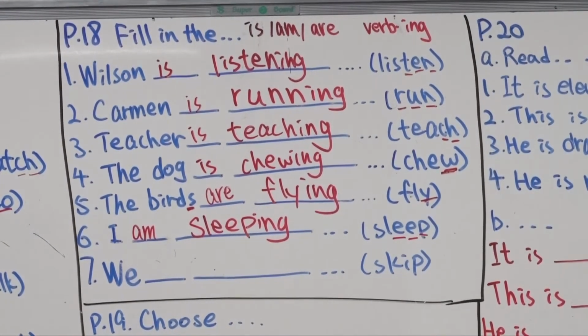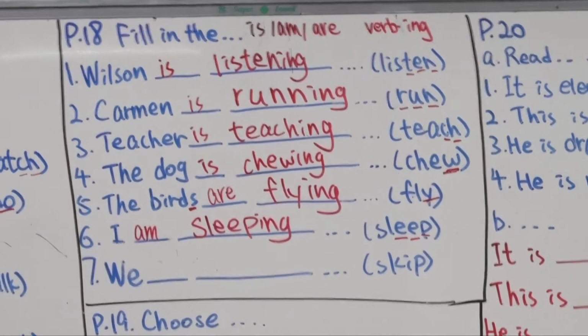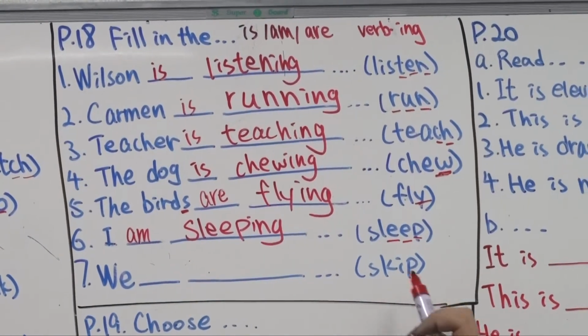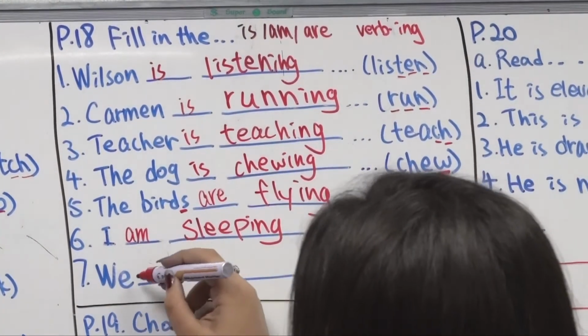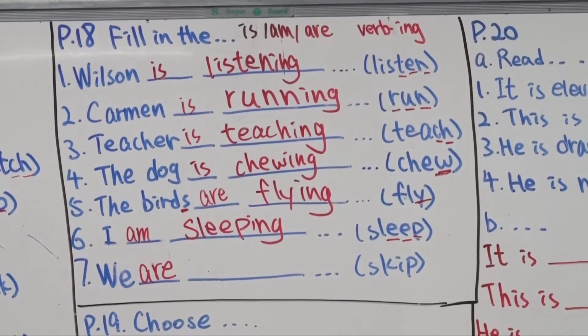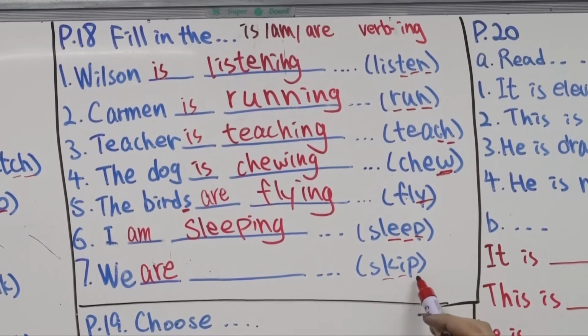Okay, next one. We what in the playground? Skip. We is followed by are. Consonant, vowel, consonant, right? There is stress.